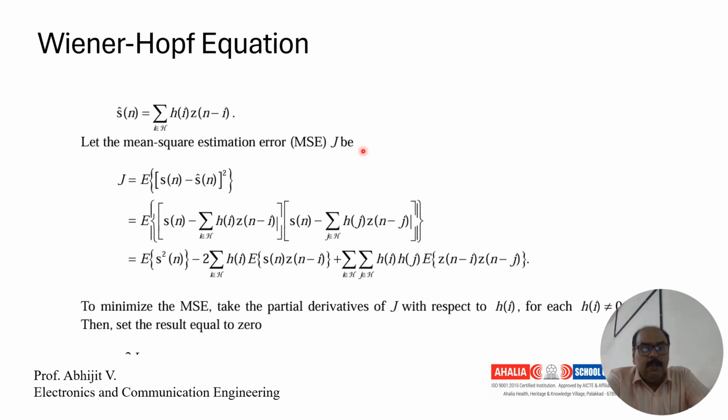So, listen here. We are going to calculate the minimum mean square error. We call it J. That will be the expected value of Sn minus Sn tilde. Substituting the values, you will get the mean square error. We are calculating mean square estimation.